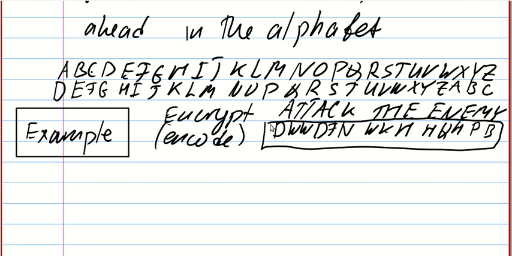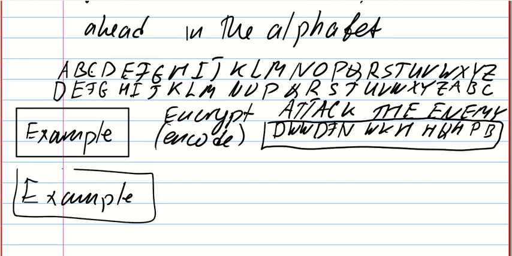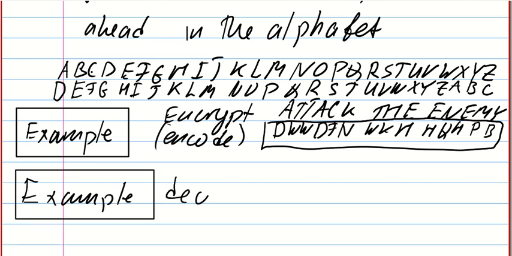How do we decode the message? In the next example, we would like to decode the message. Decoding is the opposite procedure. Decode, or some people say decrypt, right?